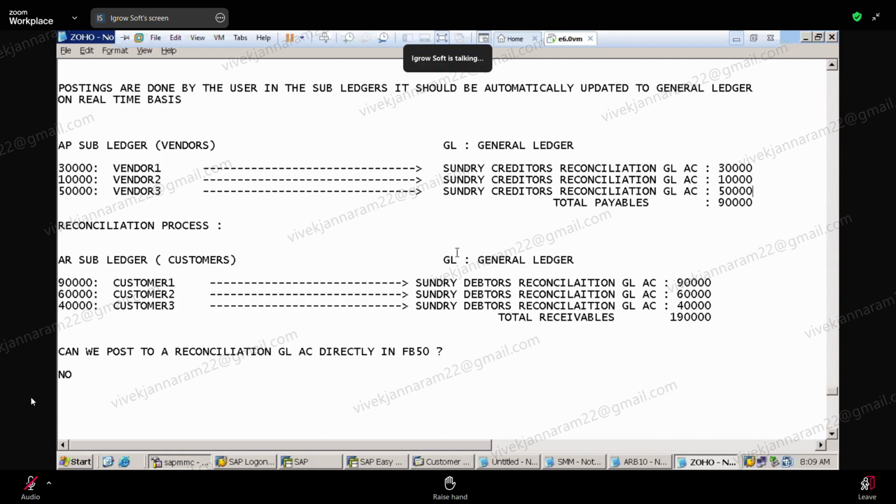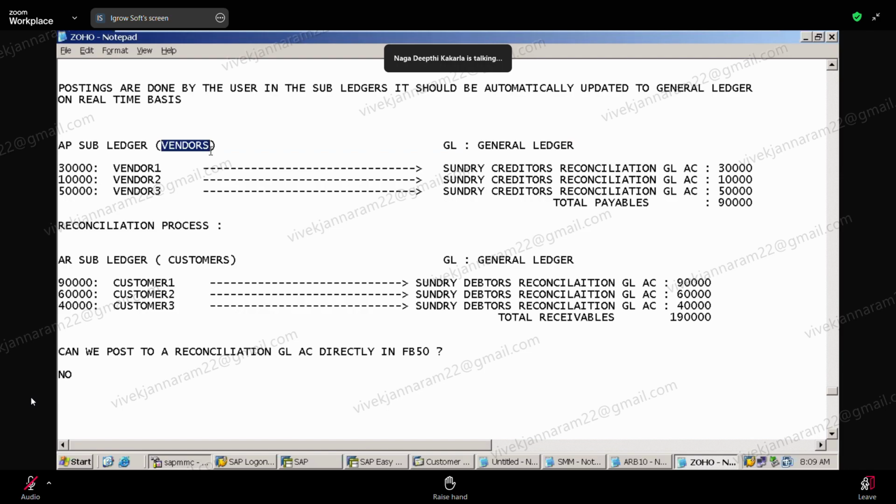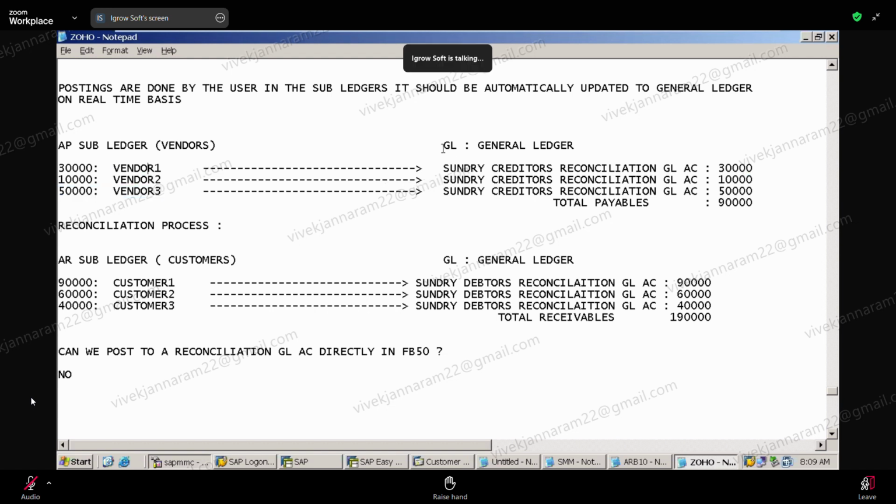See here, what is happening is in the AP subledger we are having vendors. You know vendors we buy from. So we will create vendor 1, vendor 2, vendor 3, these vendor accounts. Now this is the general ledger. In the general ledger, we will create the sundry creditors GL account with FS00.